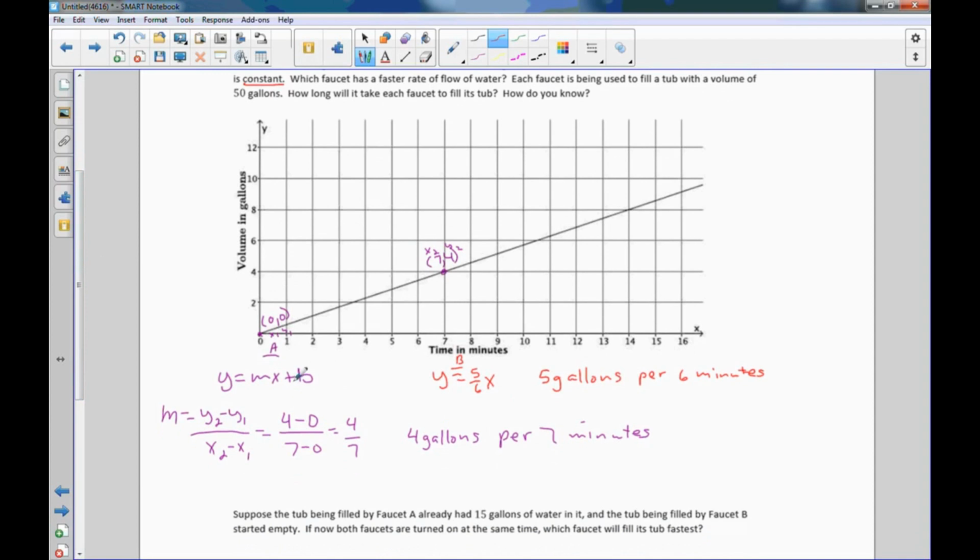So now I'm going to finish this equation here, so I have the equation Y equals 4 over 7x. And I have Y equals 5 over 6x.